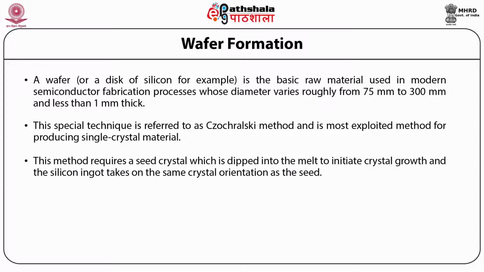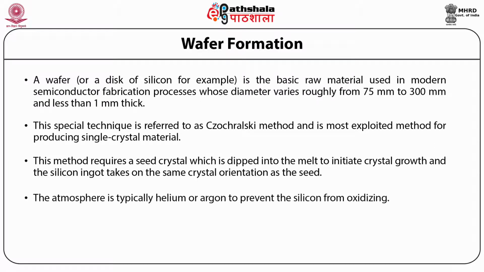This method requires a seed crystal which is dipped into the melt to initiate the crystal growth, and the silicon ingot takes on the same crystal orientation as the seed. In order to melt the silicon, a heater is provided which is controlled by radio frequency induction, which maintains the temperature a few degrees above the melting point of silicon, that is around 1425 degrees Celsius.